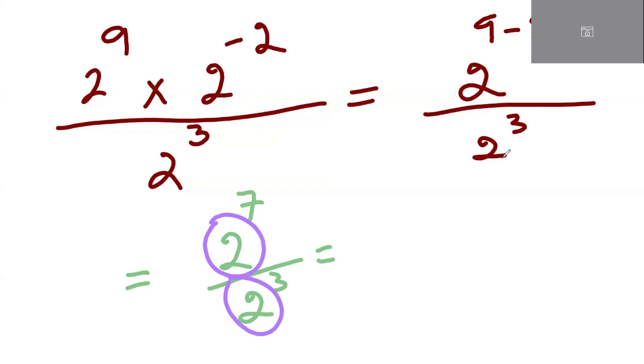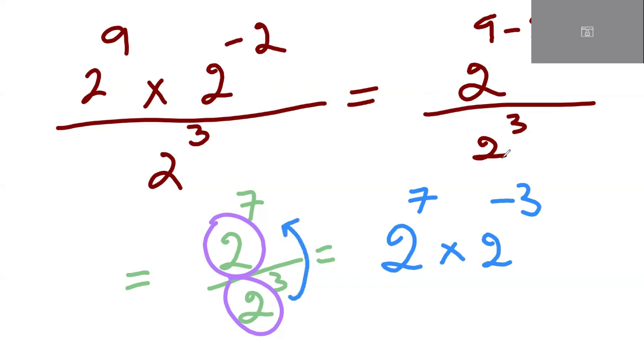So 2 raised to the power 7 multiplied by 2 raised to the power minus 3. How does it become minus 3? Because when this term 2 cube is shifted to the numerator, it will become 2 raised to the power minus 3.